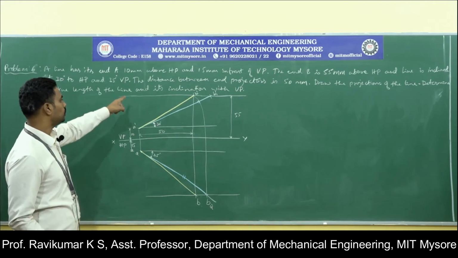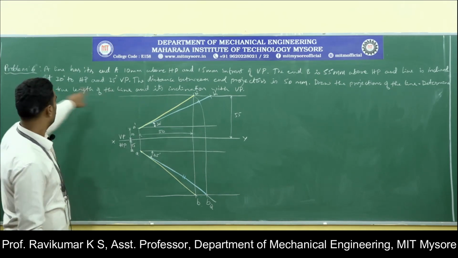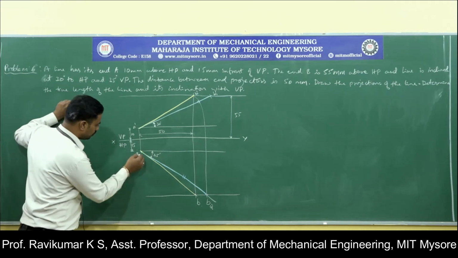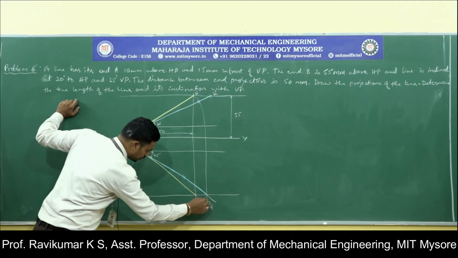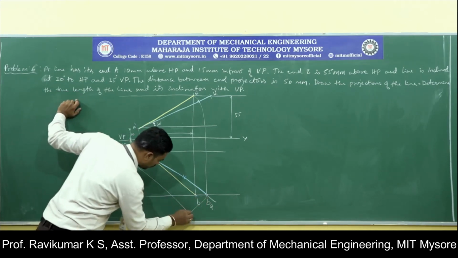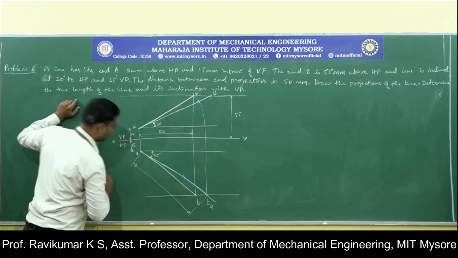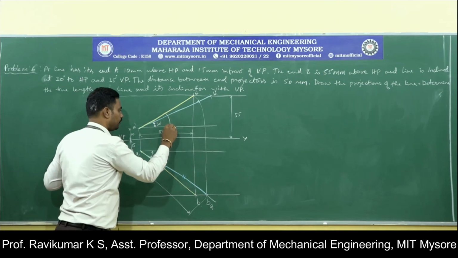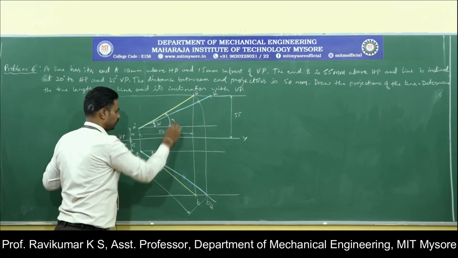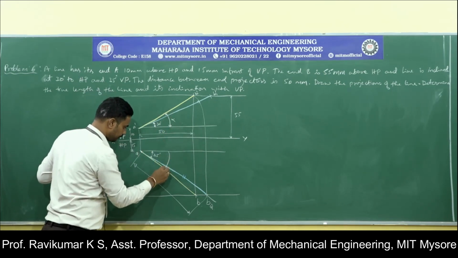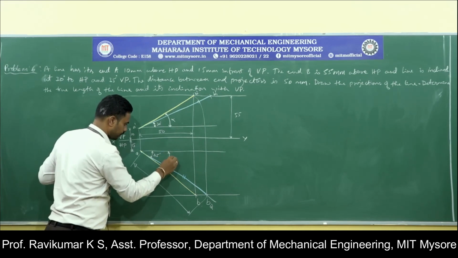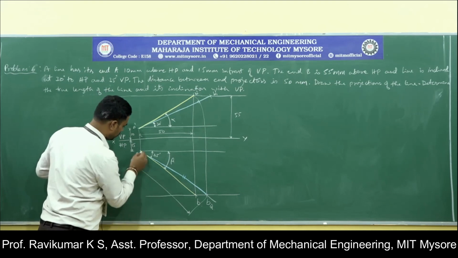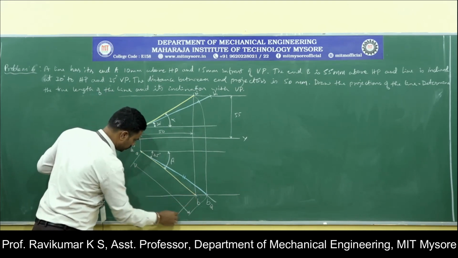Now the unknowns: draw the projections of the line and determine the true length of the line. So measure the true length from here to here. Your apparent inclinations will be alpha, this one, and here it is beta, and you can measure the apparent length from this point to this.